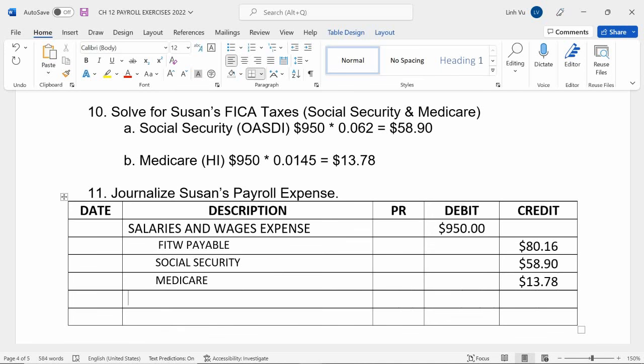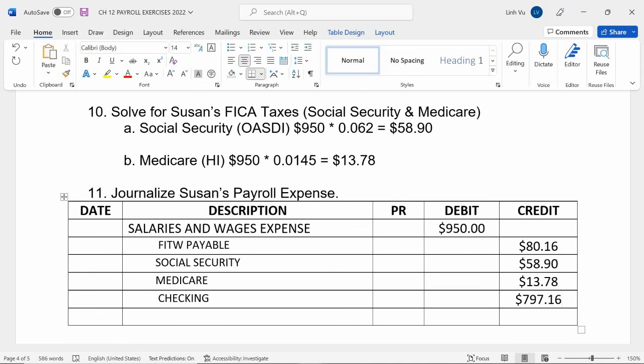So how much is Susan going to walk away with? $797.16.